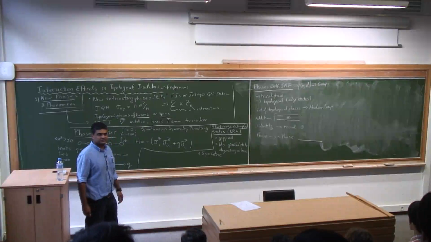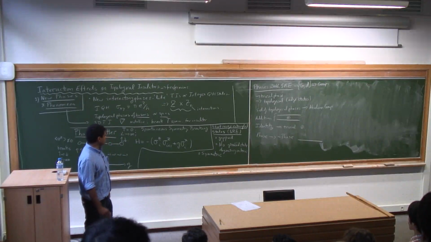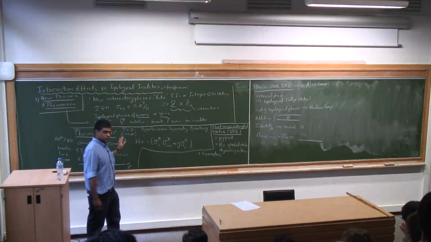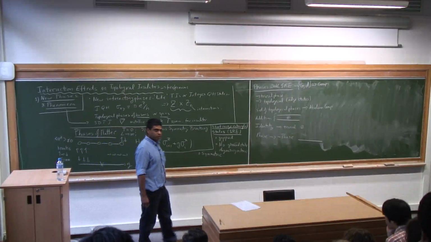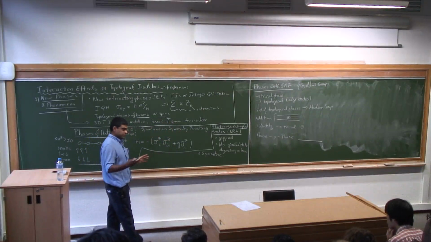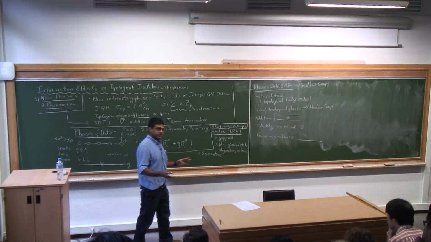How does that work for the integer quantum Hall effect? Good question. Let me specialize to bosons for a moment. As soon as you have electrons, it gets a little more complicated. But even with just bosons, there are analogs of the integer quantum Hall effect where there are chiral edge states and you don't have any symmetry.